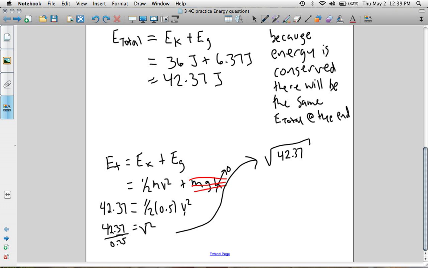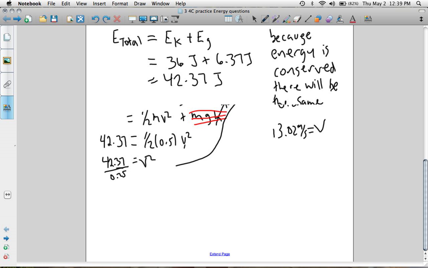Square root of 42.37 over 0.25 is equal to v squared, square root, which is equal to v. The speed is going to be the square root of 42.37 divided by 0.25, which is 13.02 meters per second. You give me a therefore statement for that, but I'll just do that.